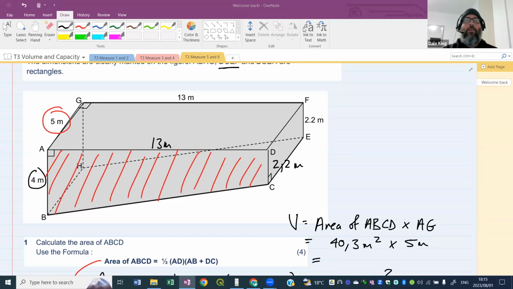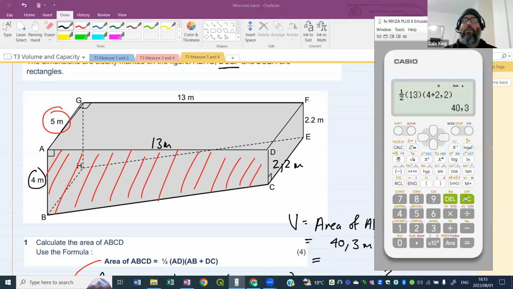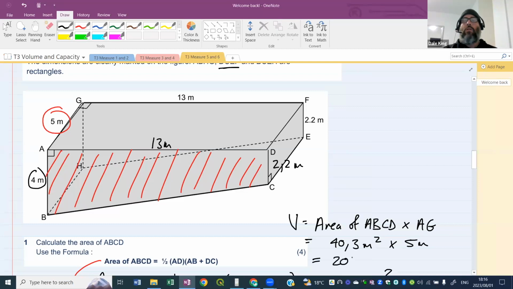Yes, good, mentioning that the units are cubed. So 40,3, let's check if you guys are on the money, times 5 is 201,5. Very good. So it's 201,5 meters cubed.